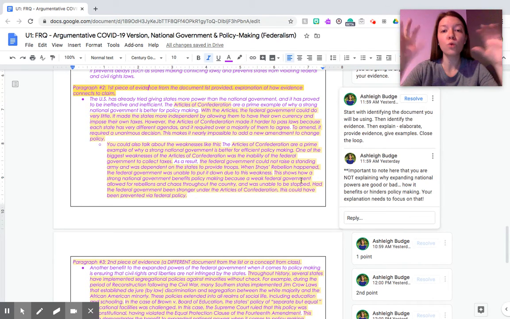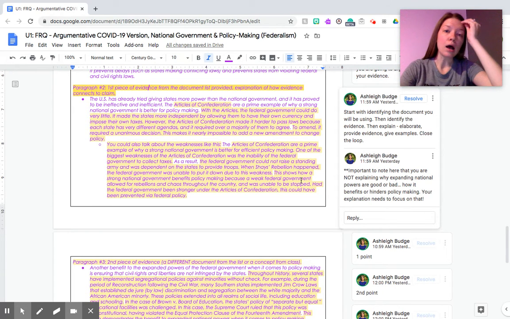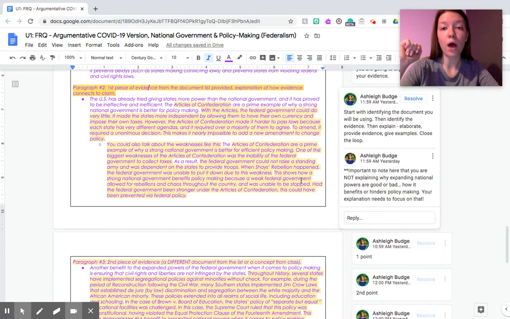So all of the words of the prompt are important. I can tell right now that there will be a few of you that will talk about why expanding powers are bad or why they're good. Even if you have a beautiful essay, it will not earn you points because you did not answer the prompt. So you need to make sure that you understand exactly what the prompt is asking.